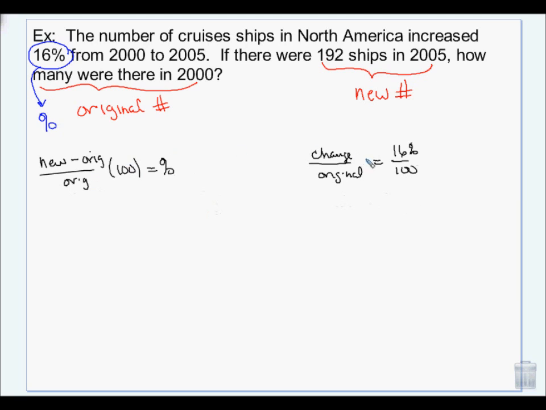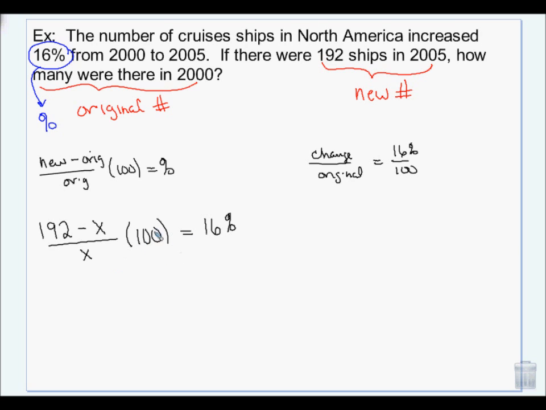Neither of these is really fun because I don't have my original, but it would be x. This one's going to be easier. So I'm going to do 192 minus x divided by x times 100 is equal to 16%, right?